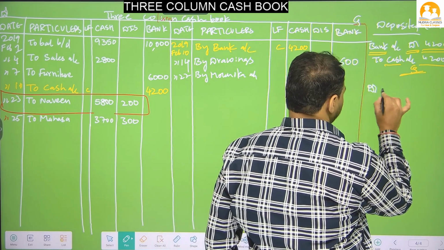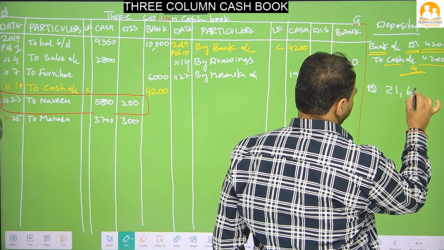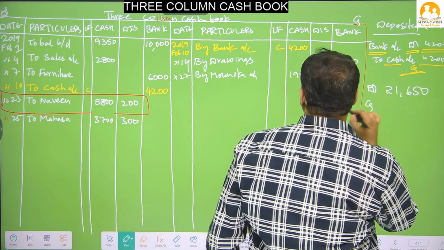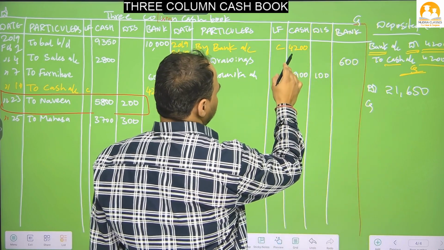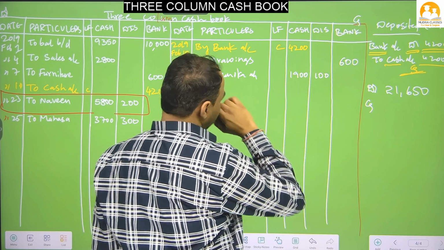Debit side total is 21,650. Now total the credit side cash column: 4,200, 6,100.